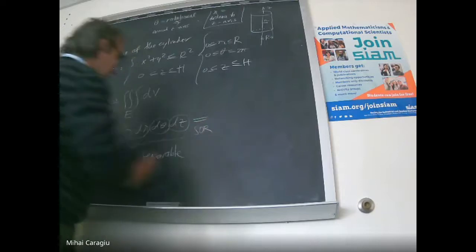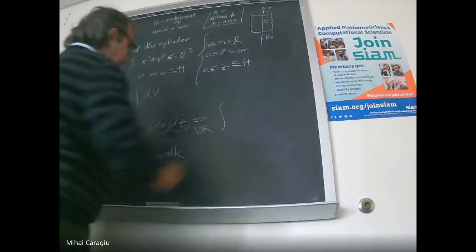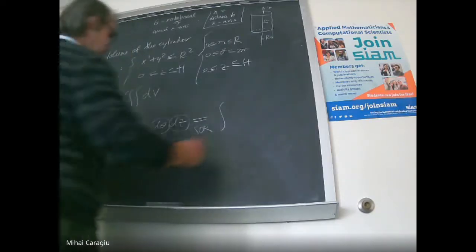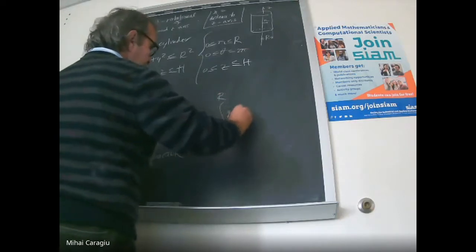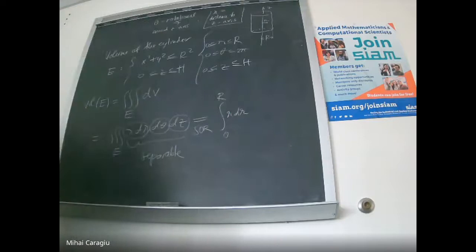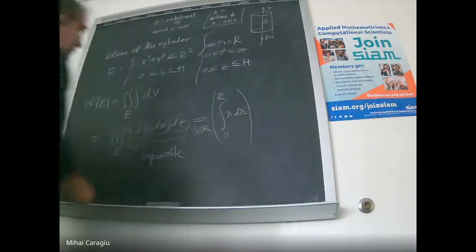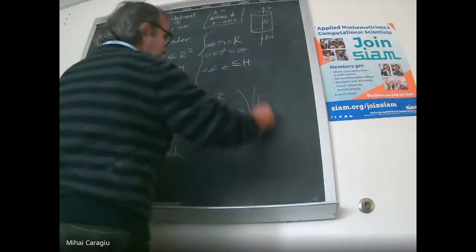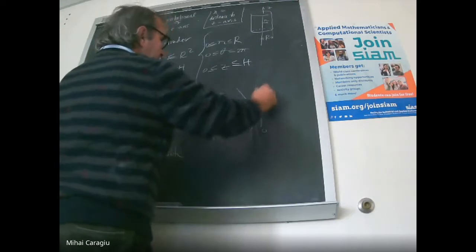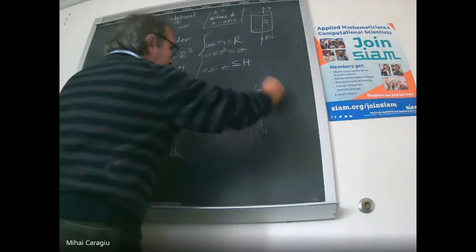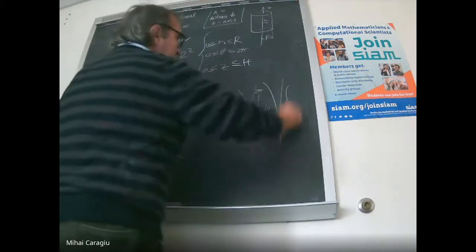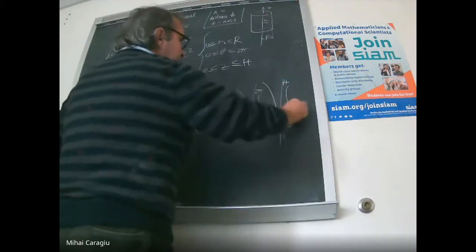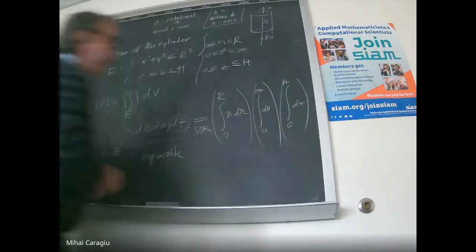So this will be the r integral from 0 to capital R of r dr, the theta integral from 0 to 2 pi of d theta, and the z integral from 0 to h of dz.